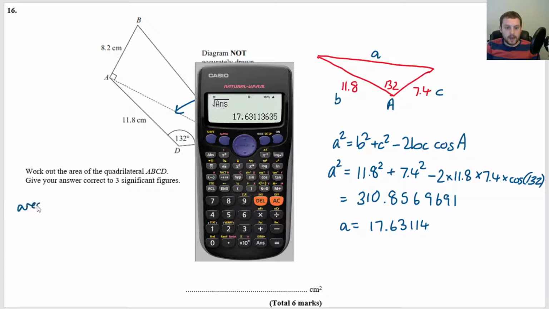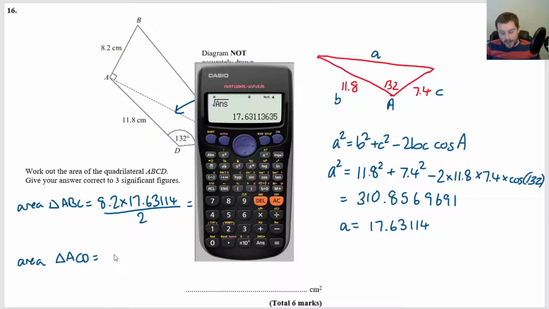So the area of triangle ABC is going to be 8.2 times 17.63114 halved. And the area of the bottom triangle, so triangle ACD, we're going to use the area of a triangle formula, right?